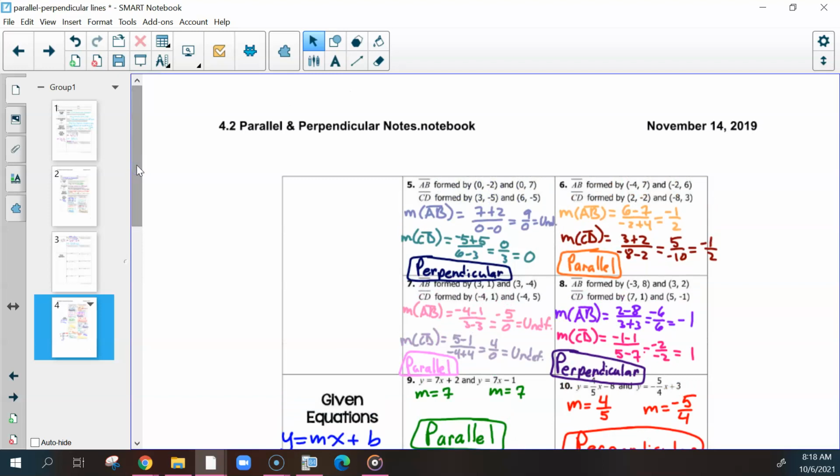And then number 5, that's one we did. Number 6 was parallel. 7 was also parallel. And 8 was perpendicular. Questions on those 3?